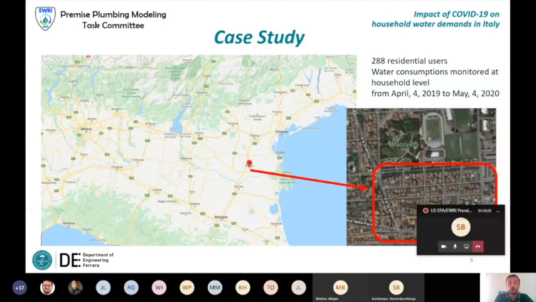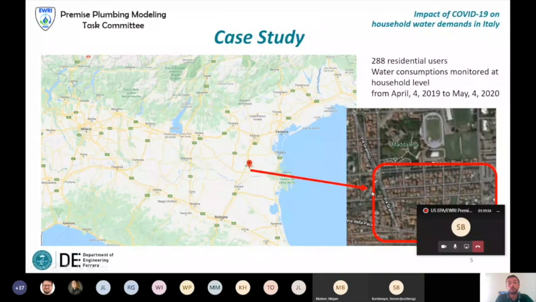We were already monitoring water consumption in these houses since April 2019. So we went on monitoring also during the lockdown, and we had at our disposal hourly time series of water consumption of around 300 users, 300 houses in this very small district in Veneto.